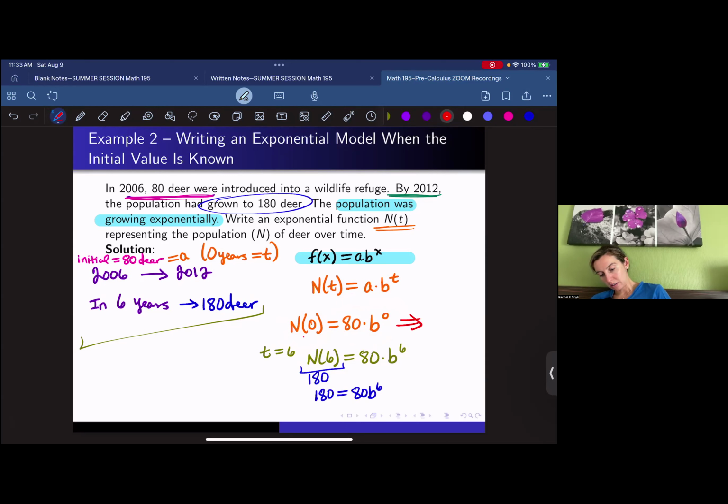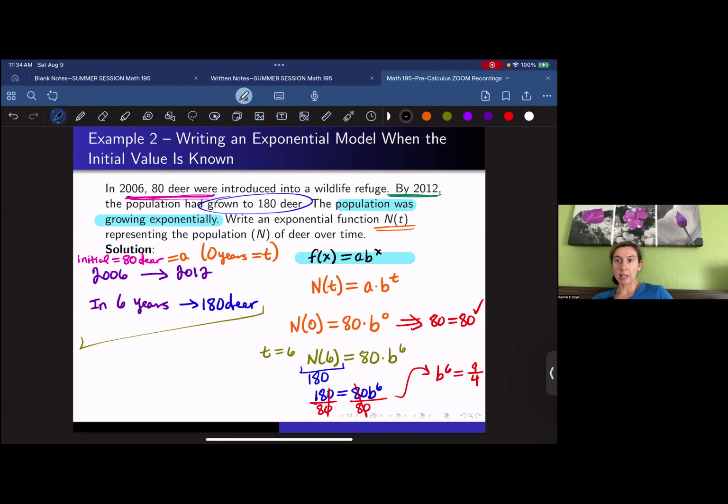Our n of 0 is 80, and b to the 0 is 1, so 80 equals 80. Now let's continue to solve for this b. Zeros cancel out. Half of 18 is 9, half of 8 is 4. So essentially we get b to the 6th is equal to 9 over 4.